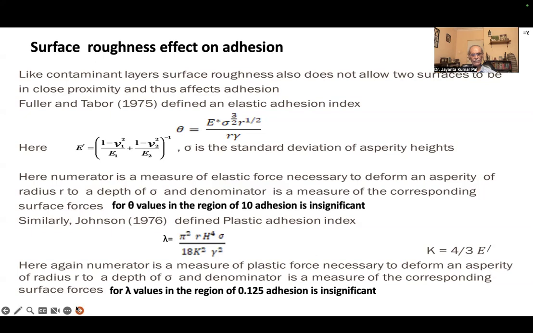And again, this gives a ratio of the plastic forces necessary to deform an asperity to a depth of sigma, and the denominator gives the corresponding surface forces. Again, they have found out that if the lambda value is in the region of 0.125, adhesion is insignificant.